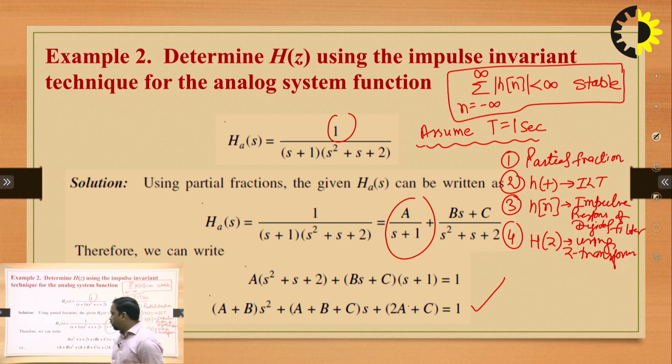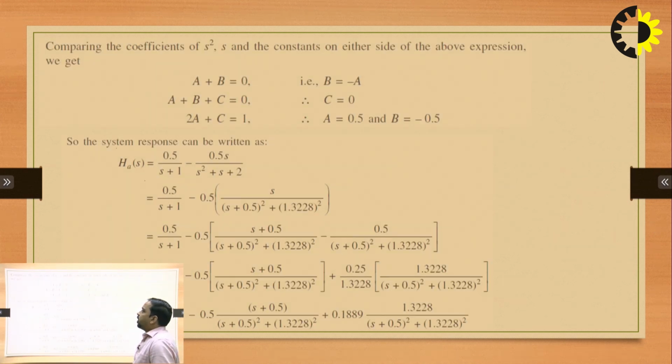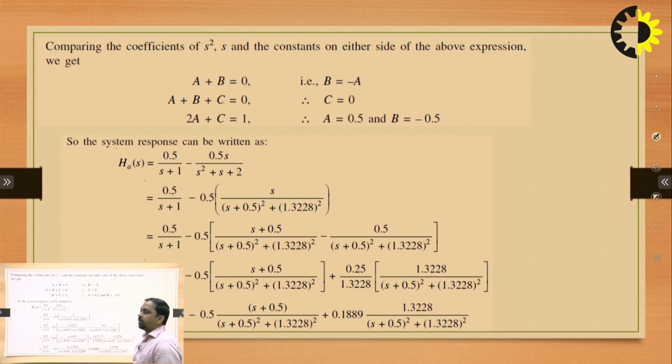So the coefficient of s square will be equal to 0, the coefficient of s is also equal to 0, and the constant is equal to 1. So we have 3 equations, and right now we have 3 variables. So 3 equations can be easily solved, and we can achieve A, B and C. A equal to 0.5, B equal to minus 0.5, and fortunately we are getting C equal to 0.